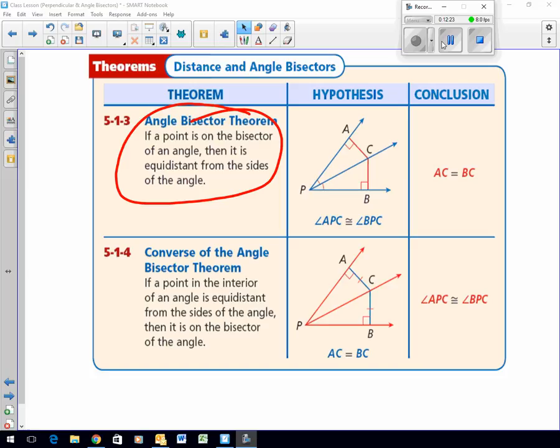How do I know that it's cut the angle into two congruent angles? Looking at this diagram, how do I know that APC and BPC are equal? What on the diagram gives it away? Looking just at this diagram, how do I know that this angle and this angle are congruent?